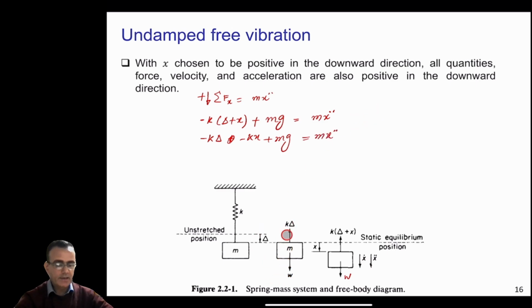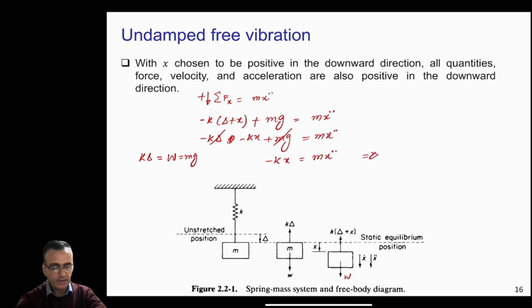But now you can see from the static equilibrium position, and we derived this equation earlier, that k delta is equal to w, which is mg. This means that this term and this term will cancel each other. From this, we get minus kx equals mx double dot.